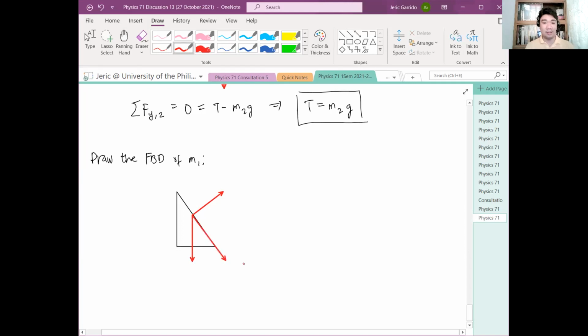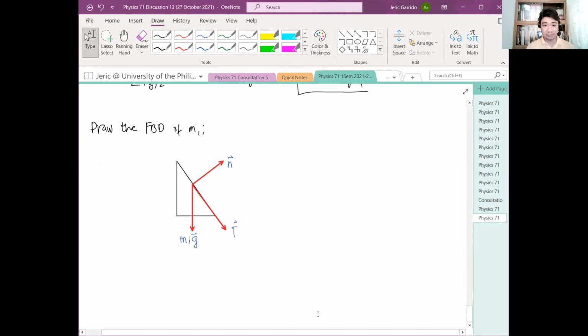So we can label it as follows. This is some tension, this is some normal force N, and this is the weight of the first object, m1 g vector. Now, these are the forces acting on M1.